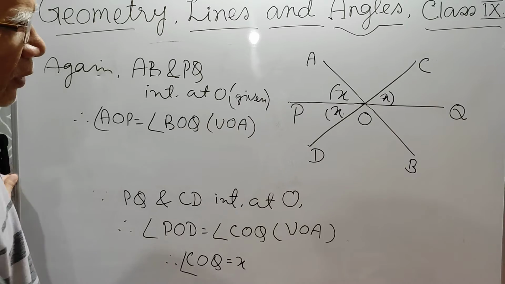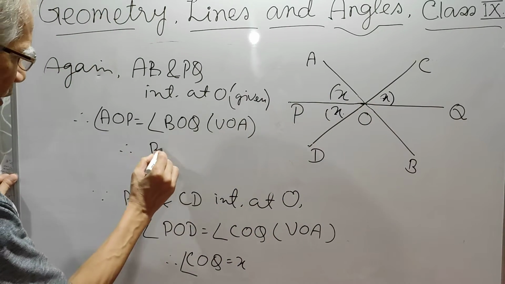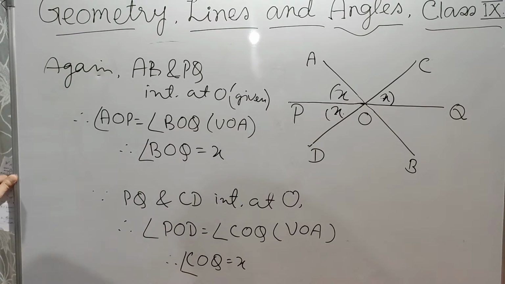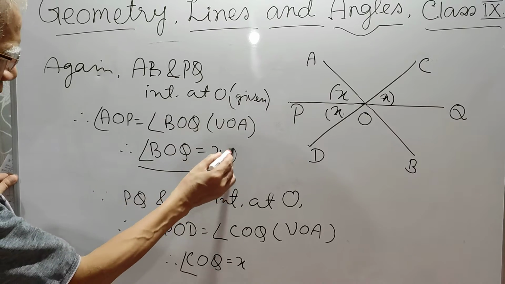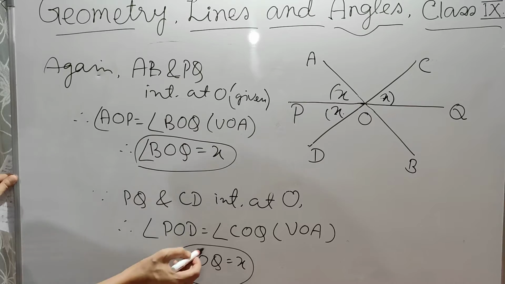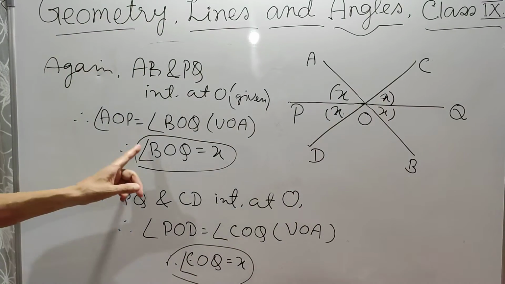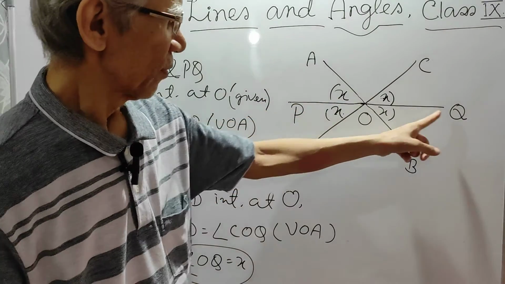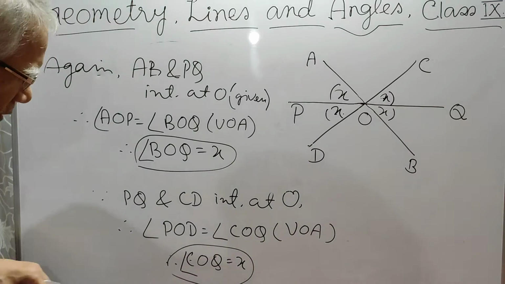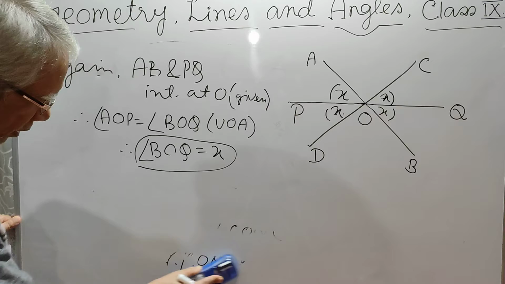Now AOP is X, therefore BOQ will be X. So we have got BOQ equal to X, and COQ equal to X. Therefore these two are equal: BOQ equals COQ.